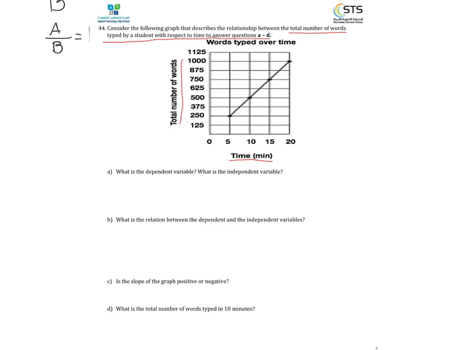What is the independent variable? So we want to see how many words we can type in a certain amount of time. So time is the thing that we are changing. So time is the independent variable. You want to see how many words you can write. So total number of words is the dependent variable.